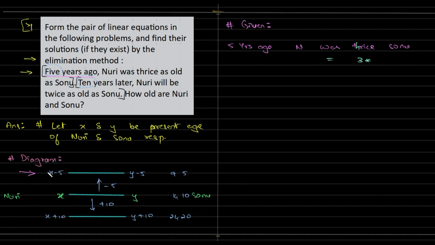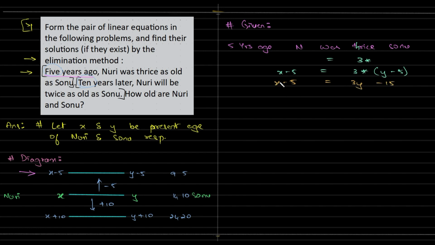Neeru 5 years back was x minus 5, equal to 3 times, always use brackets, y minus 5. So we have x minus 5 is equal to 3y minus 15.